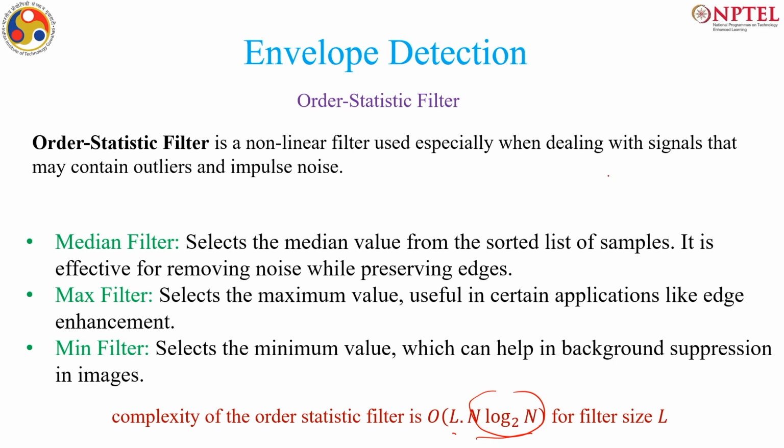For example, say I have some values like 3, 2, 7, 6, 5, and the middle value needs to be replaced. First I need to sort them: 2, 3, 5, 6, 7. If I use the median, the middle value will be replaced by 5, which is the median. If I use a max filter, it will be 7, which is the same value, so it will have no effect, and if I use a min filter, it will take 2, which is the minimum of the window.